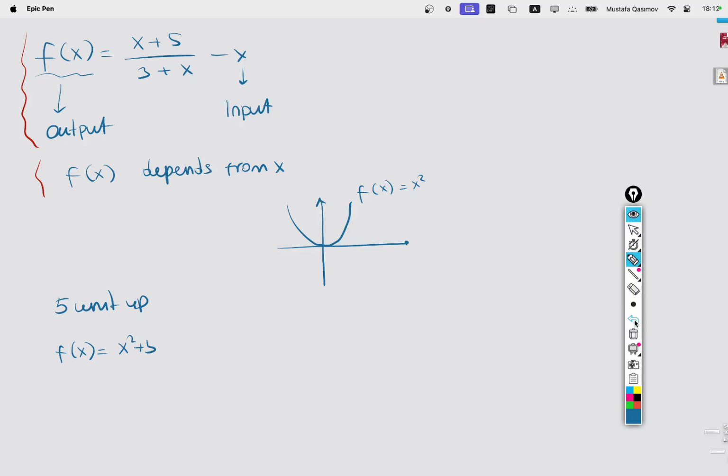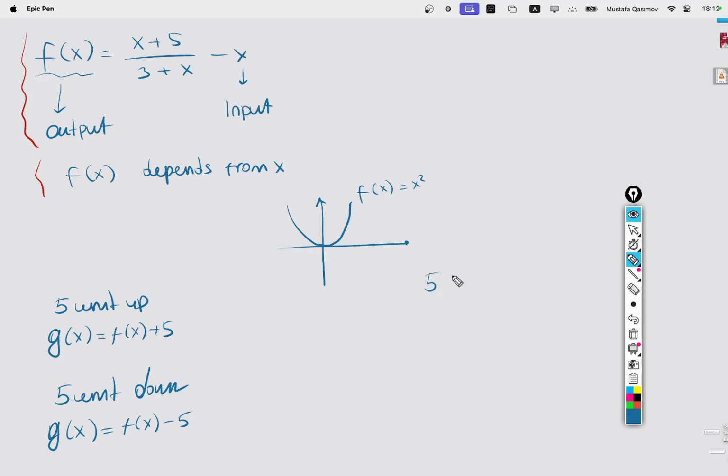Okay, let me show it like that. g of x is equal to f of x plus 5. When we say 5 units down, g of x is equal to f of x minus 5.